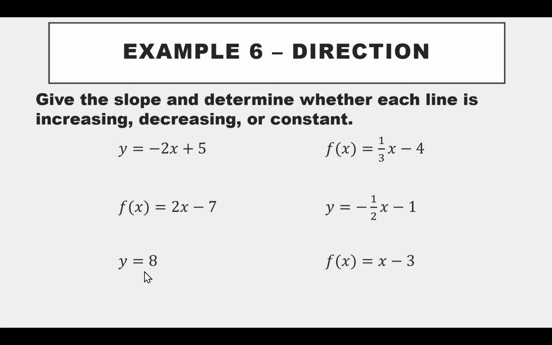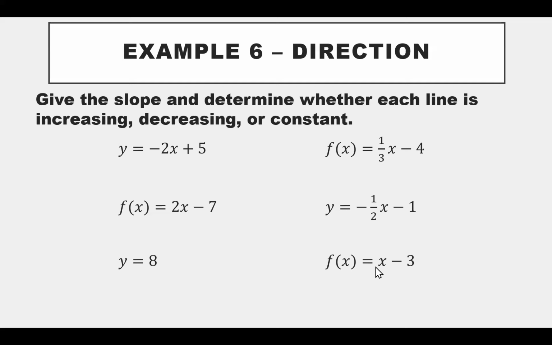Now these last two may be a little bit harder to see. This is y = 8. You could have also written this as y = 0x + 8. And that means the slope here is 0, which means that the line is constant. In other words, this line is going to be a horizontal line. y = 8 is the equation of a horizontal line. f(x) = x - 3.